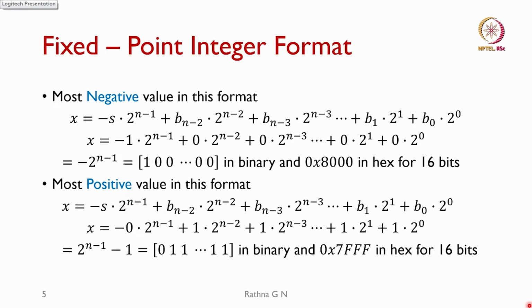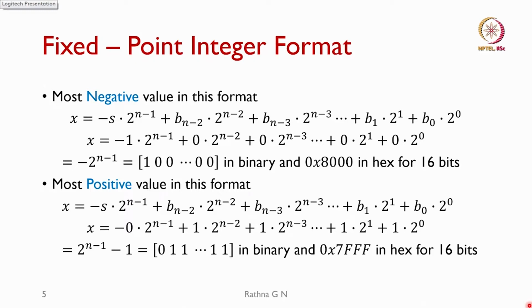So, this is equivalent to minus 2 power n minus 1, which is represented in binary format as 1 followed by all zeros. And if we use a 16-bit representation for this number, then the binary format for the most negative number is going to be 0x8000 in hex.